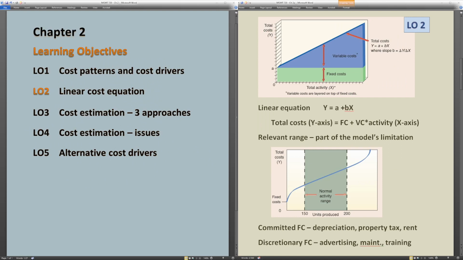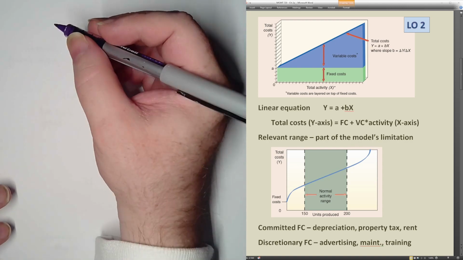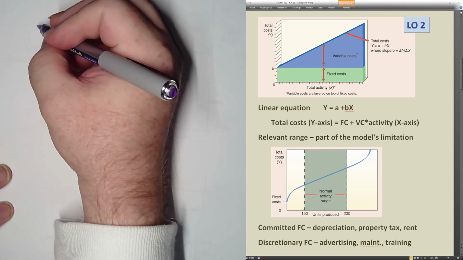So we take these cost behaviors and we want to combine them. Specifically, we want to combine the total variable cost and the total fixed cost, because remember, our objective here is to come up with some tool that allows us to predict costs. We're first analyzing the behavior, then we're going to create the tool. So let's remind ourselves of the two charts that we're looking at.